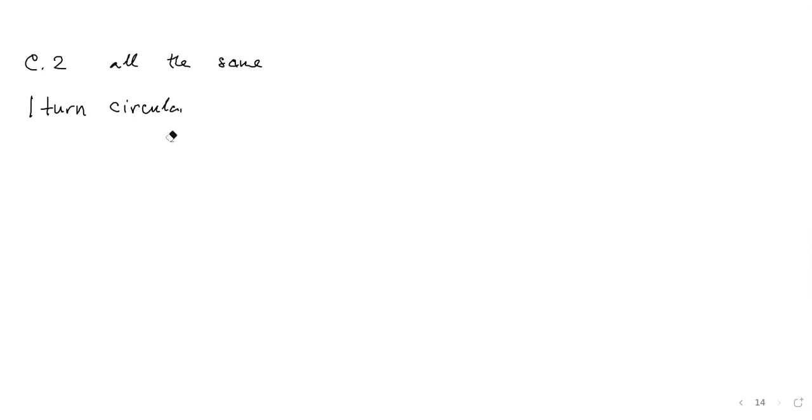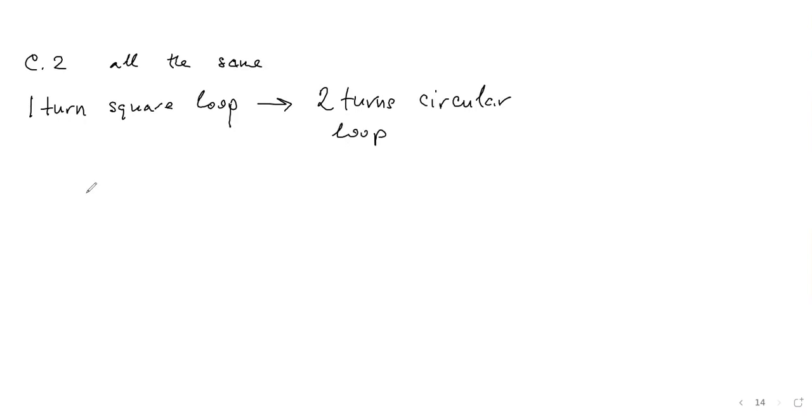Well, we can say 1 turn square loop. I'm going to change to 2-turn circular loop. Something like this. You have a square and you reshape it into two turns.